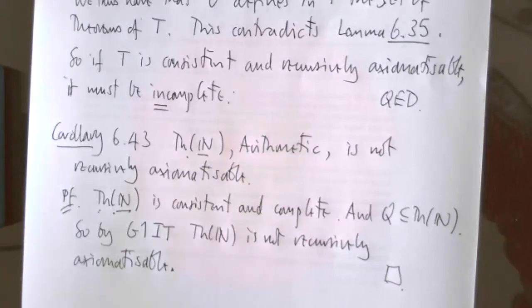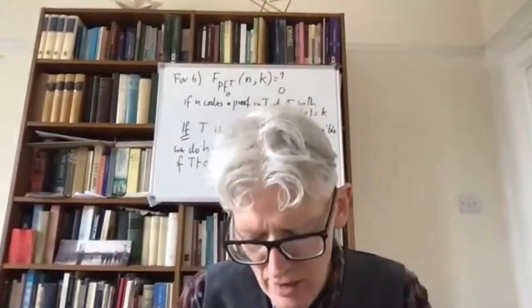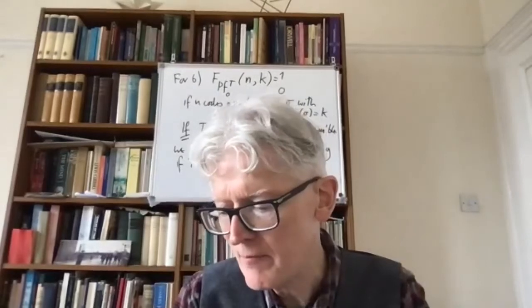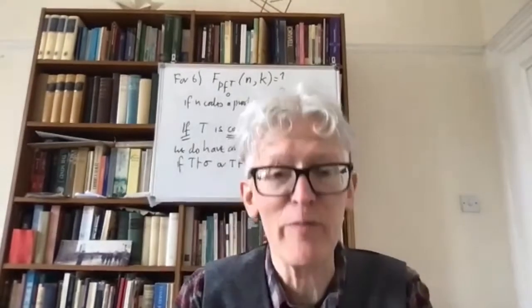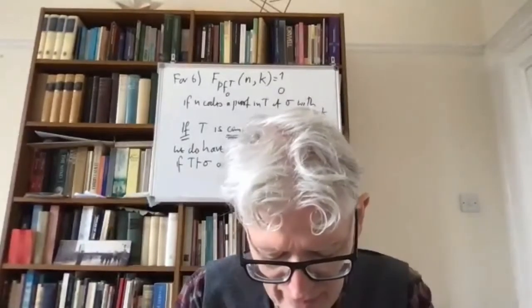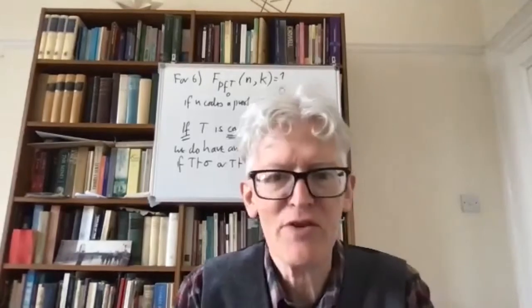Okay, so the comment immediately above the corollary here is, I said, well, this is one of the most significant theorems in logic, right? Certainly in the mid-20th century, this was not what was expected.